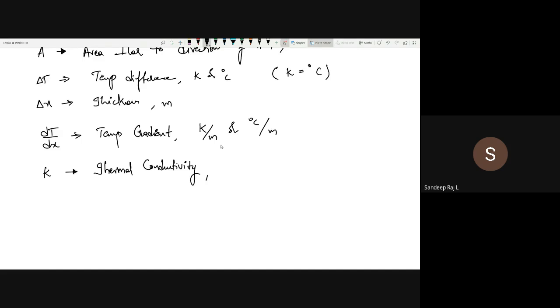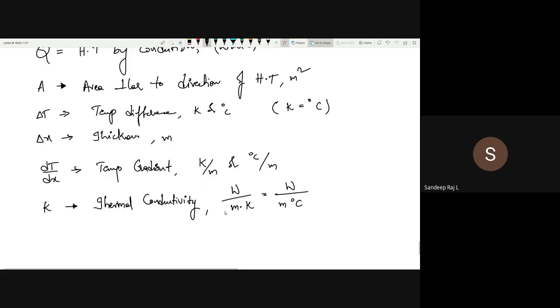Watt per meter Kelvin, which will also be equal to watt per meter degree centigrade. Both are going to be equal. You need not have any plus 273 conversion here. So this is the thermal conductivity.